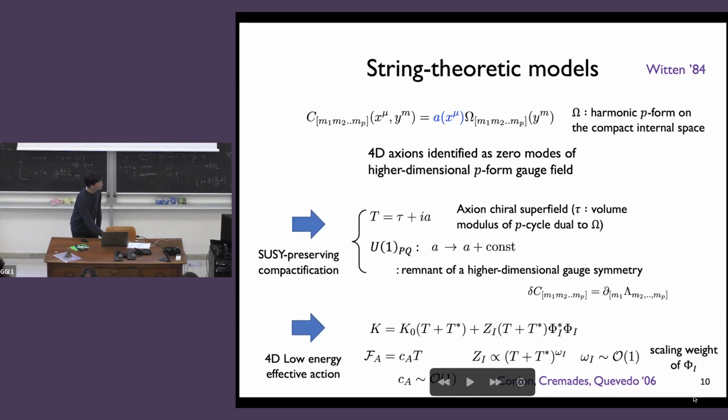And these people show that if we consider the large extra dimensional volume limit, then the wave function dependence is insensitive to the shape of the extra dimensions. And it's more or less given by this simple scaling of the size of the extra dimensions. So generally, if we consider a simple large volume limit, then this wave function normalization will take this form with a certain scaling weight of the associated matter field.